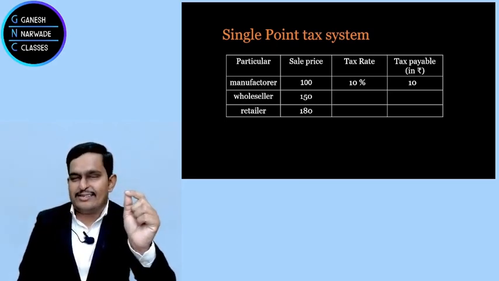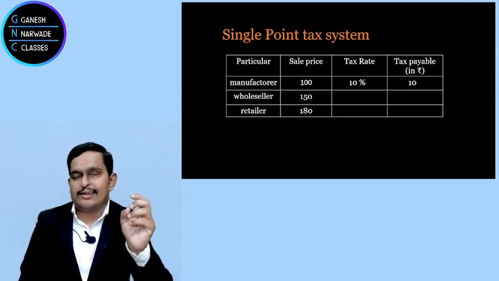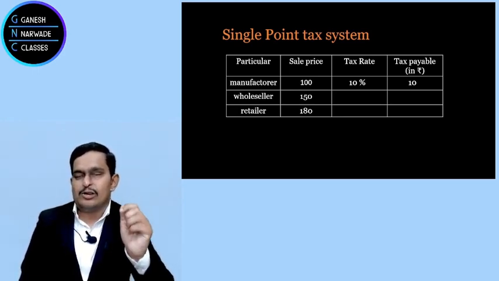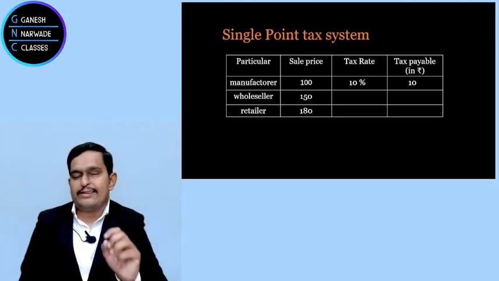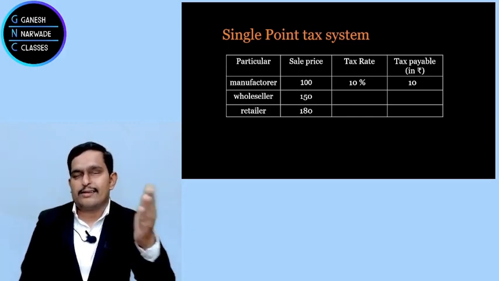A manufacturer sells to a wholesaler, the wholesaler sells to a retailer, and the retailer sells to the customer. So let's assume there are three stages in the whole supply chain of goods. Now, the manufacturer made the good and sold it for, suppose, 100 rupees.